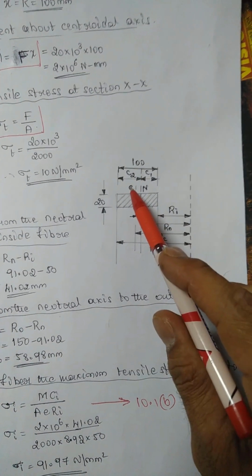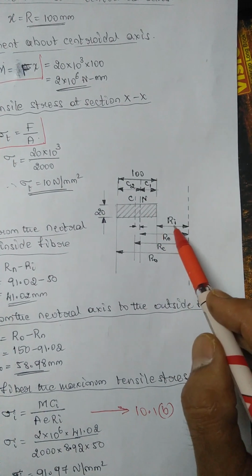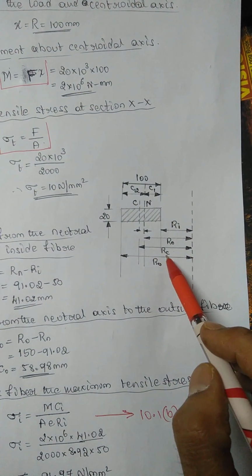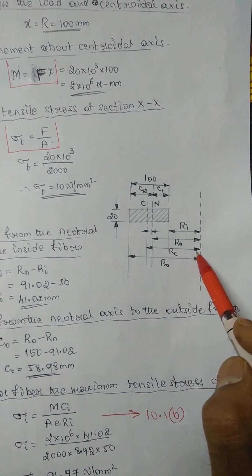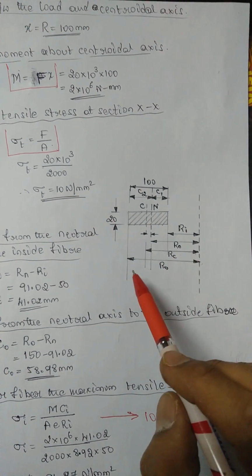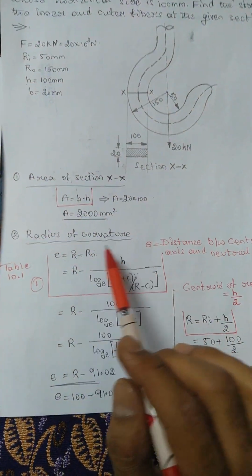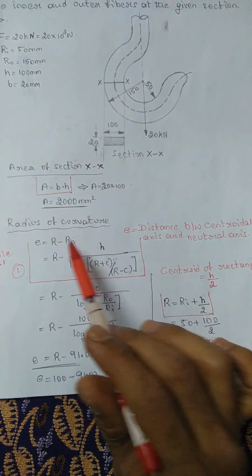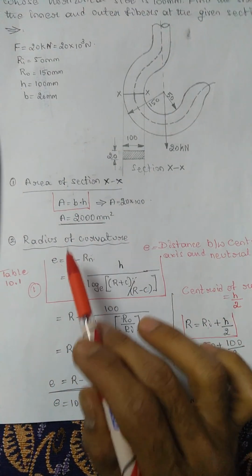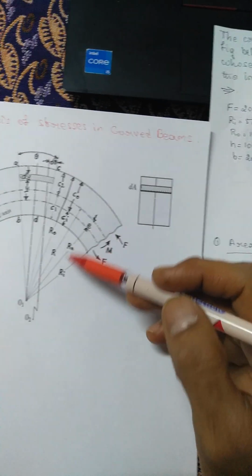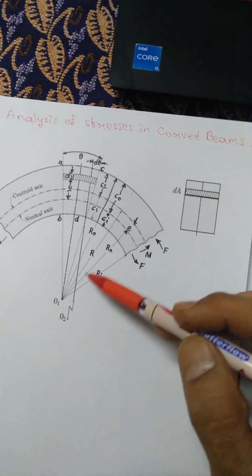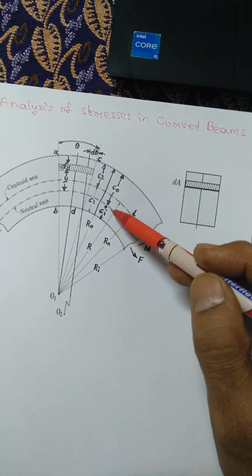For a rectangular section we have the centroidal axis radius rc, the neutral axis radius rn, and the outer radius ro. Area we have calculated, and now e equals r minus rn.